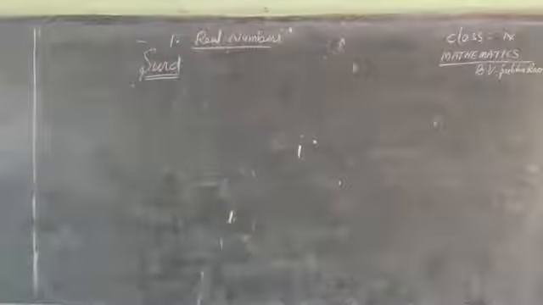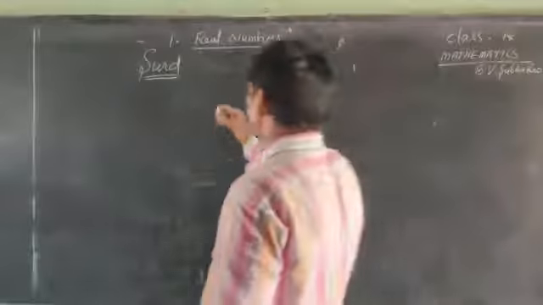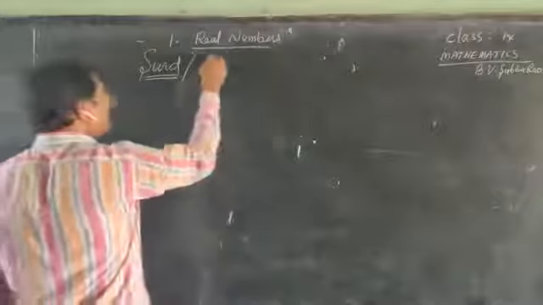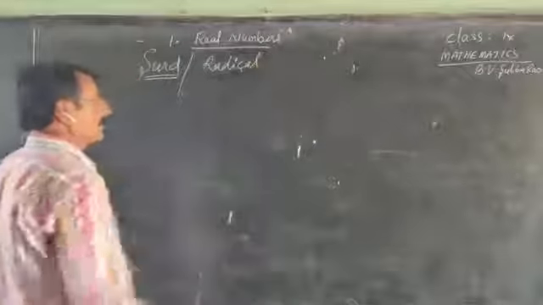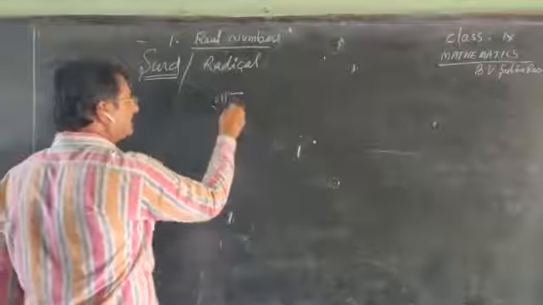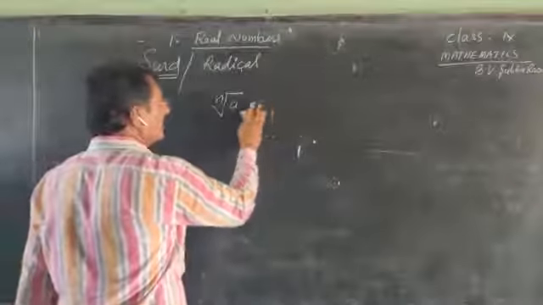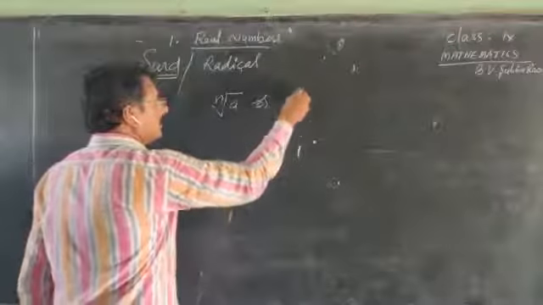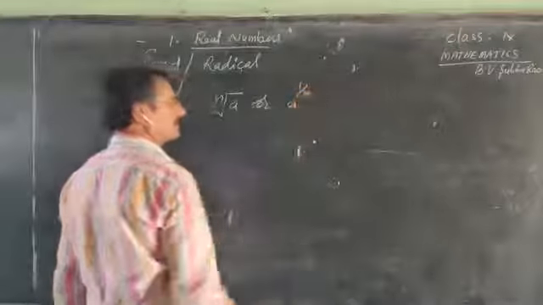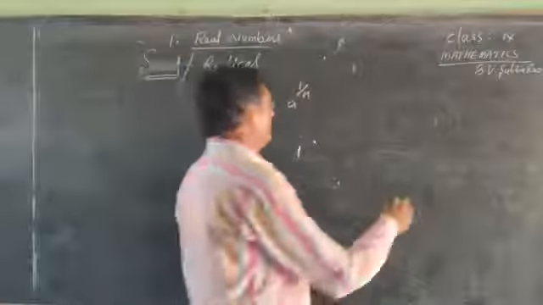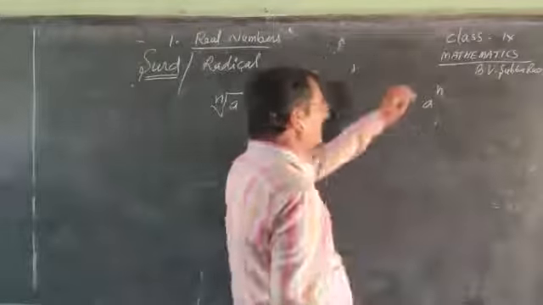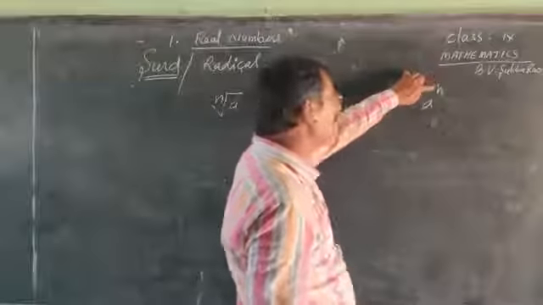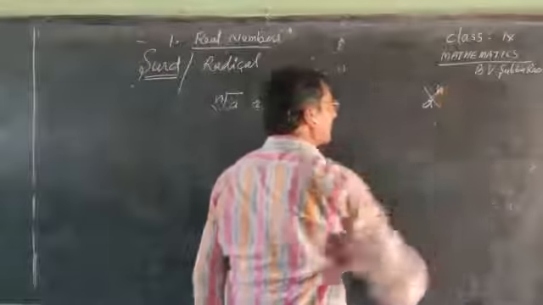You observe it. What is the another name of surd? Radical. Or a to the power of 1 by n. A to the power of n is the nth power, not this one.